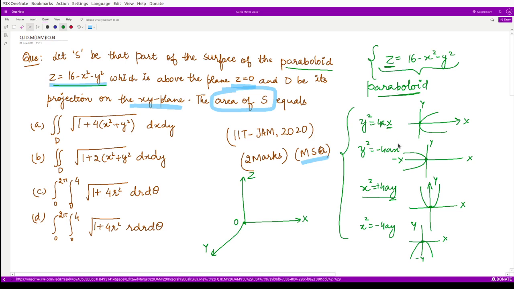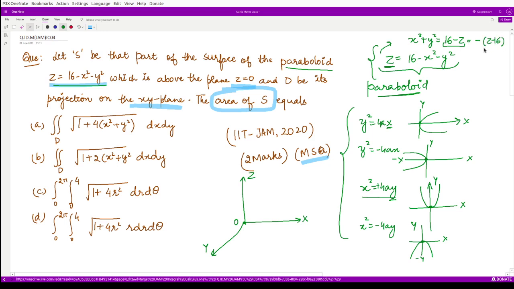And moreover here in this case, this thing is shifted, so you can rewrite this equation. Let me rewrite first. If you shift x square and y square to one side, you have x square plus y square is equal to 16 minus z. And you can also write 16 minus z as minus of z minus 16.